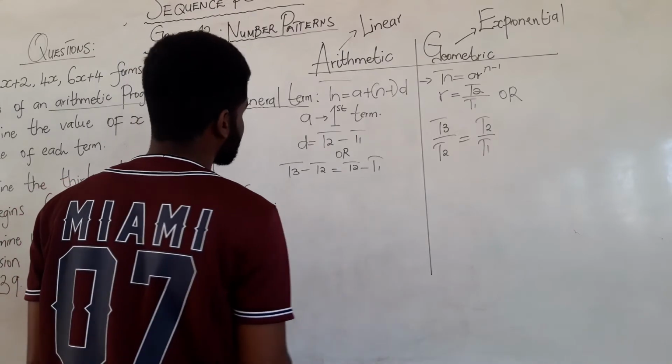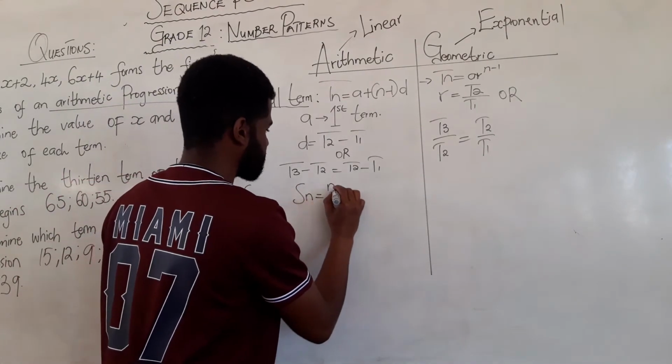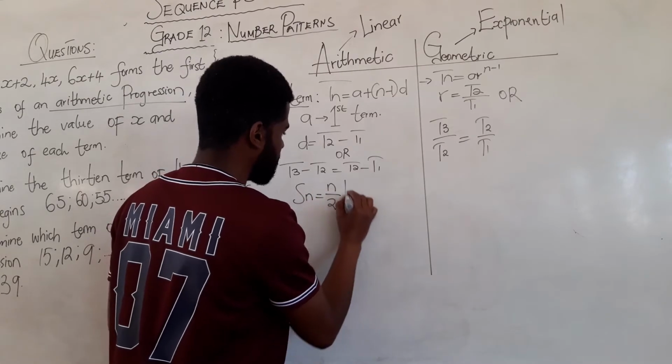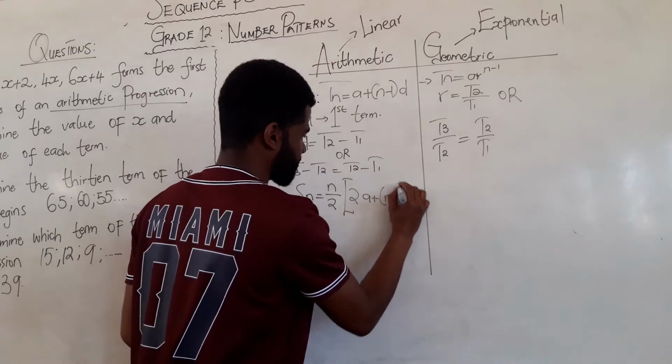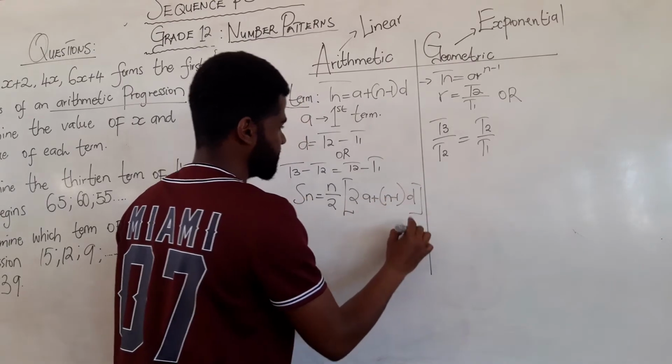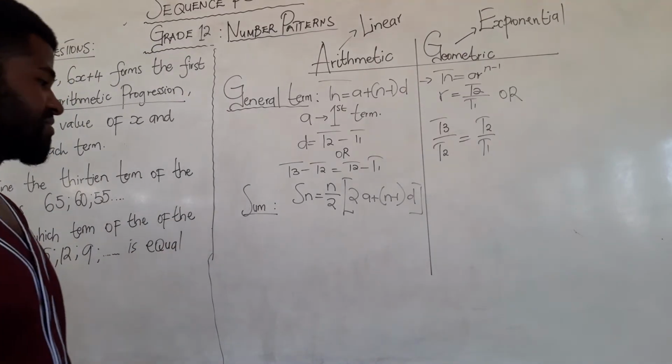The formula for the sum of an arithmetic sequence is Sn equals n over 2 times (2a plus (n minus 1) times d). Here a is our first term, d is the difference, and n is the number of terms.